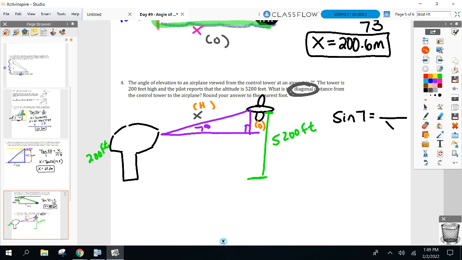I know hypotenuse is x, but what about opposite here? You guys help? What about this length right here? Hi, Lauren. Hello. 5,000. 5,200 minus the control tower height. 5,000. Good.